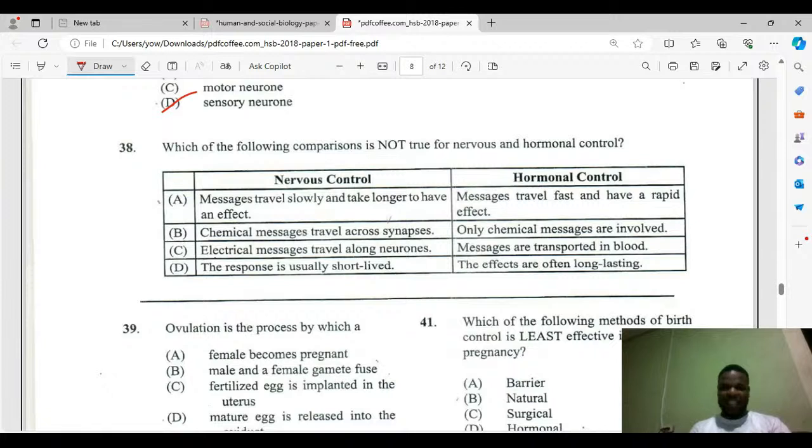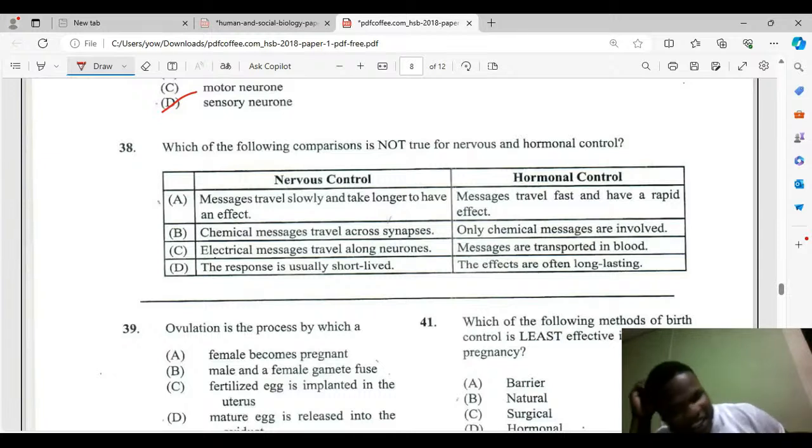Moving on to 38, which of the following comparisons is not true for the nervous and the hormonal control? Messages travel slowly and take longer to have an effect. Messages travel fast and have a rapid effect. Chemical messages travel across synapses. Electrical messages travel along the neurons, and messages are transported in the blood.